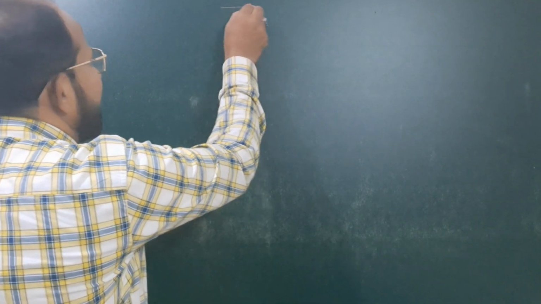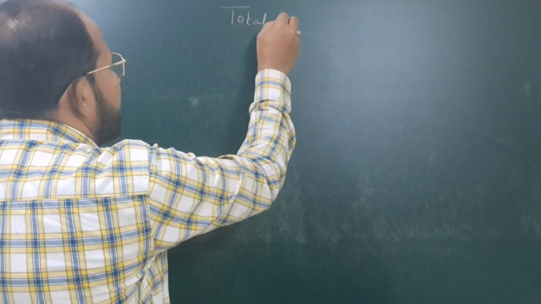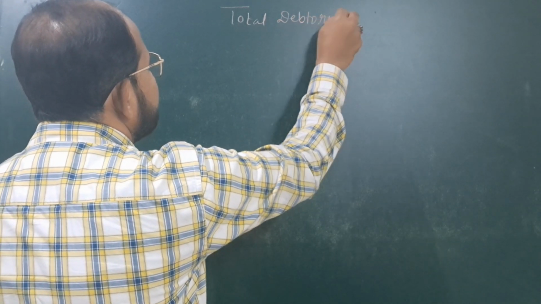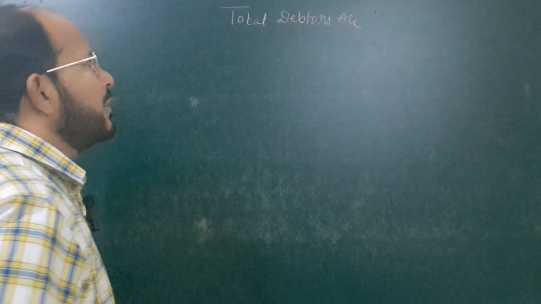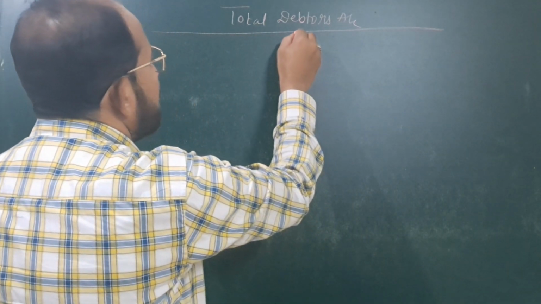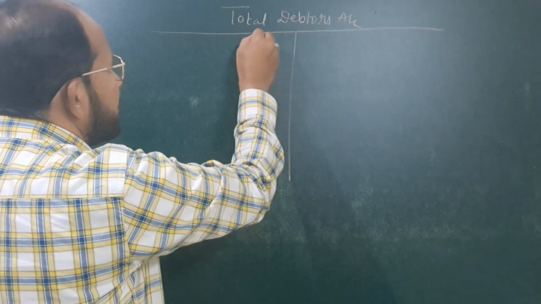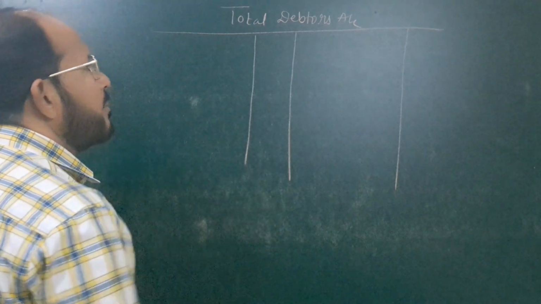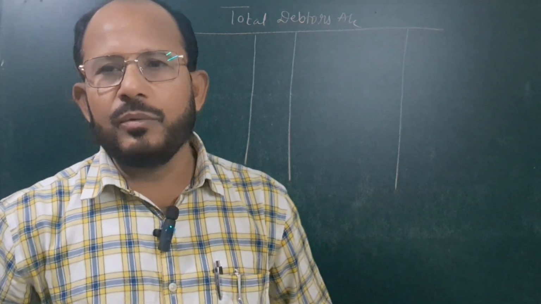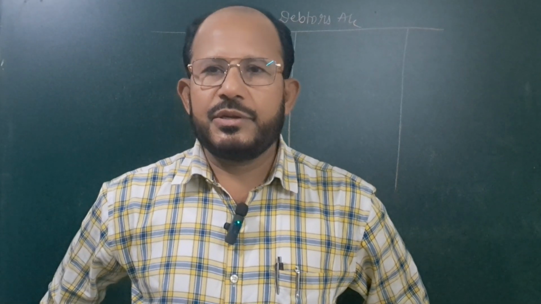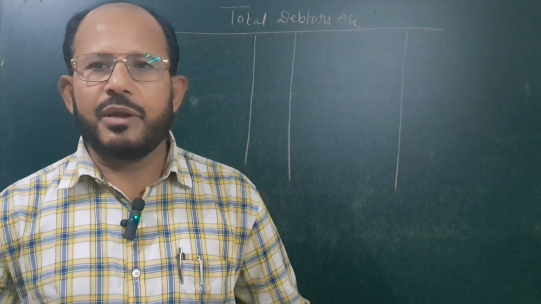In the beginning we will prepare the total debtors account. First, try to understand what is the total debtors account and why it is prepared. It is prepared in order to find out the missing figure. Under the single entry system of bookkeeping, all the business transactions are not recorded in a systematic manner.